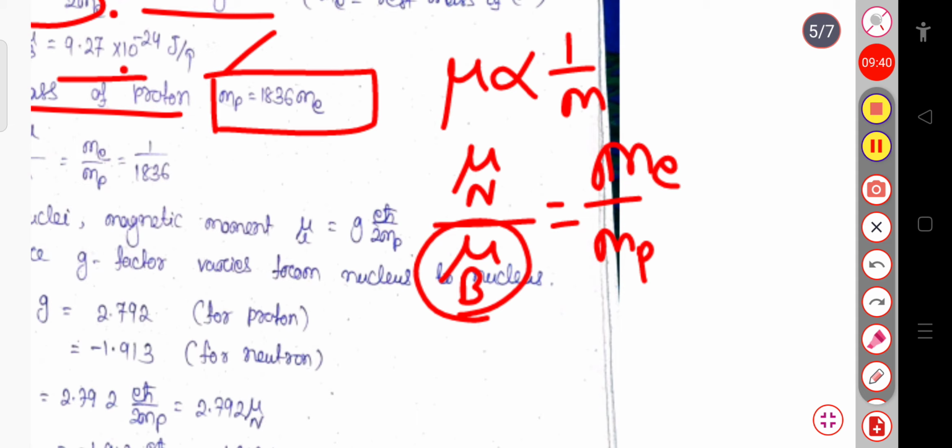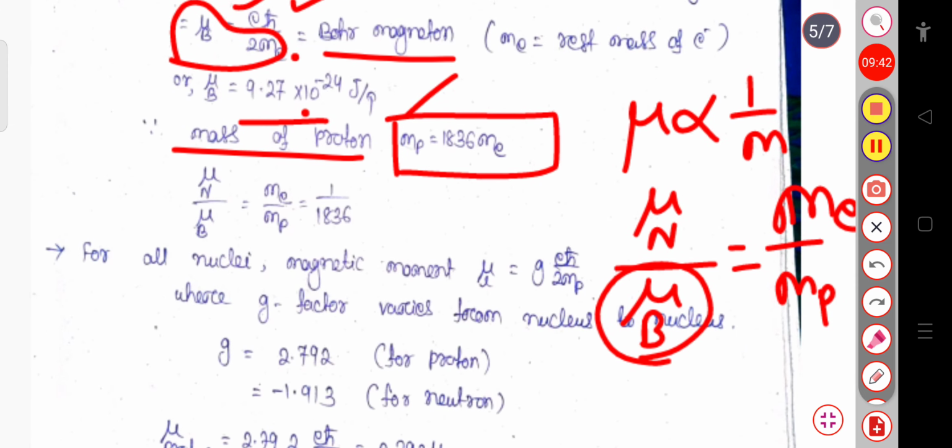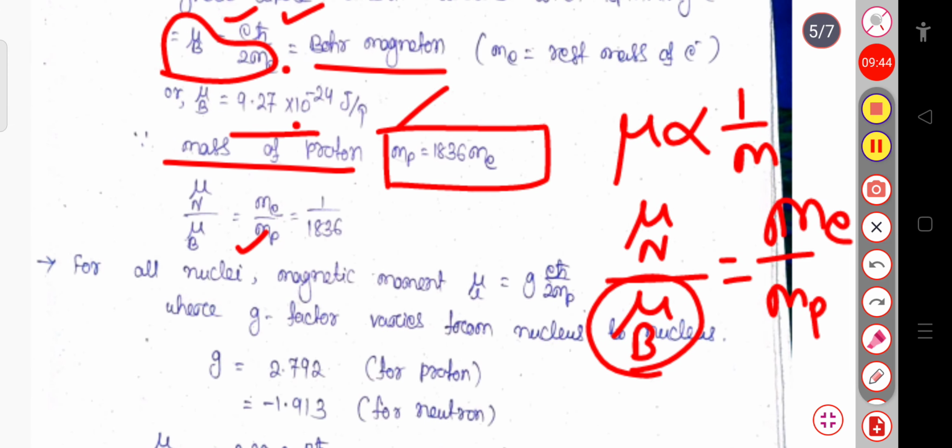So now we can write mu N by mu B equal to Me by MP. From this relation, Me divided by MP is equal to 1 by 1836.